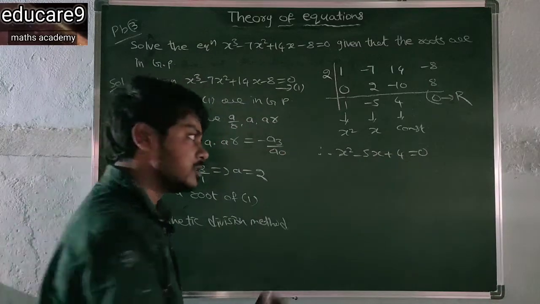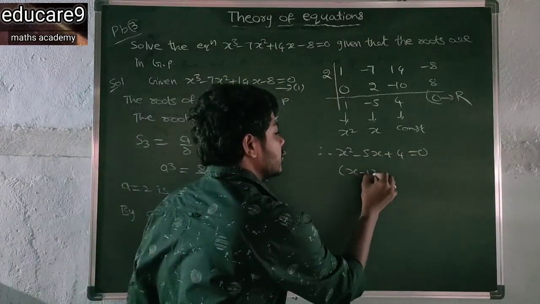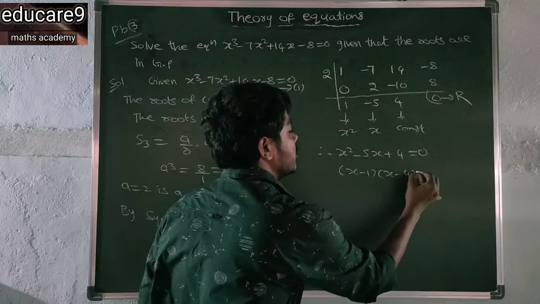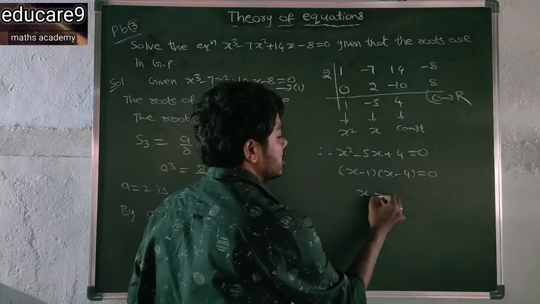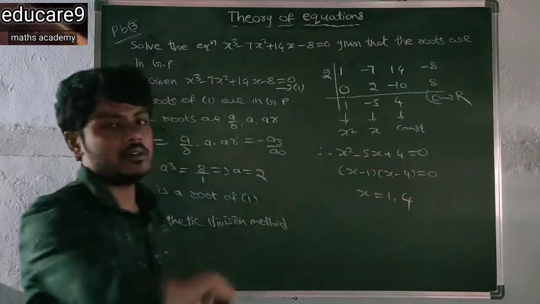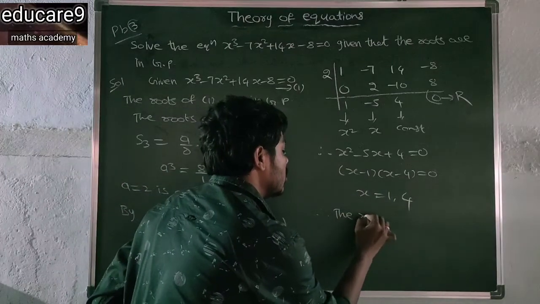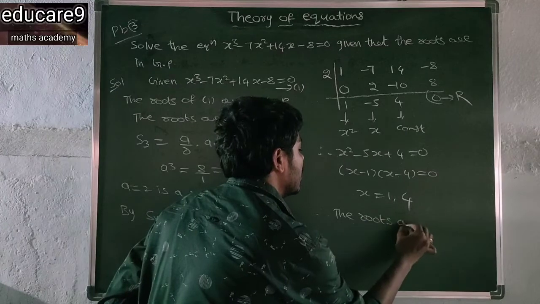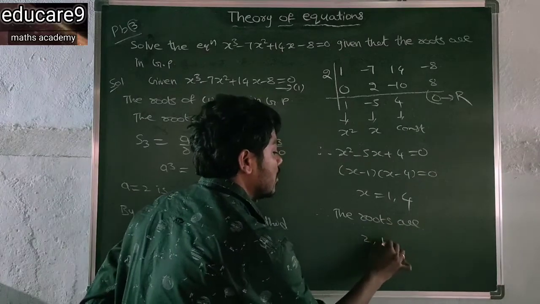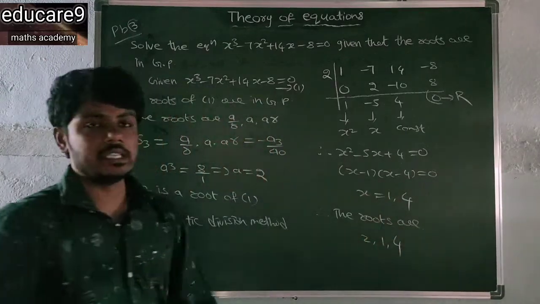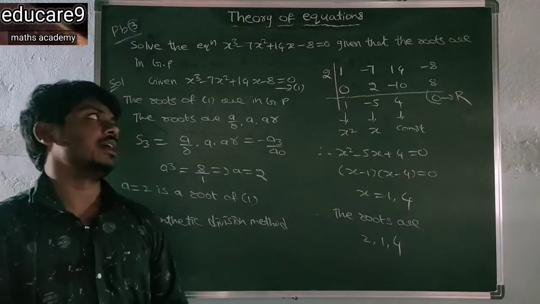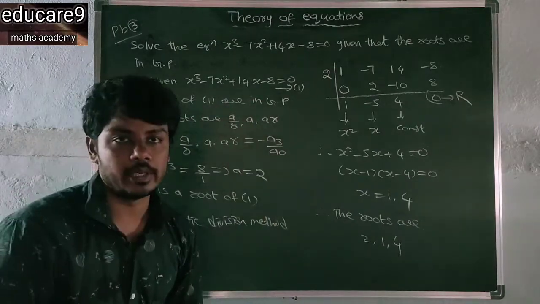So what are the roots? x minus 1 into x minus 4 is equal to 0. Therefore x is equal to 1, 4. Therefore the roots are 2, 1, 4. So these are the required roots when the roots are in GP.